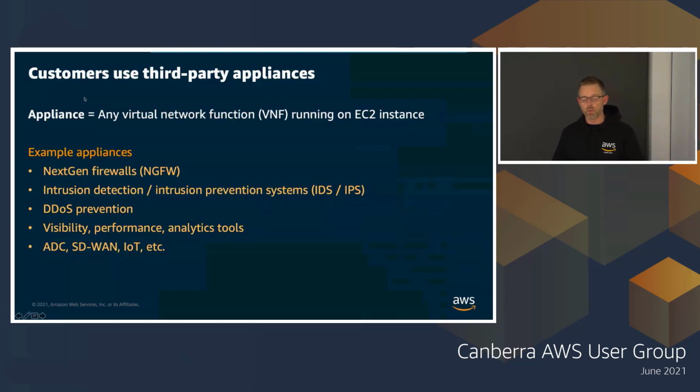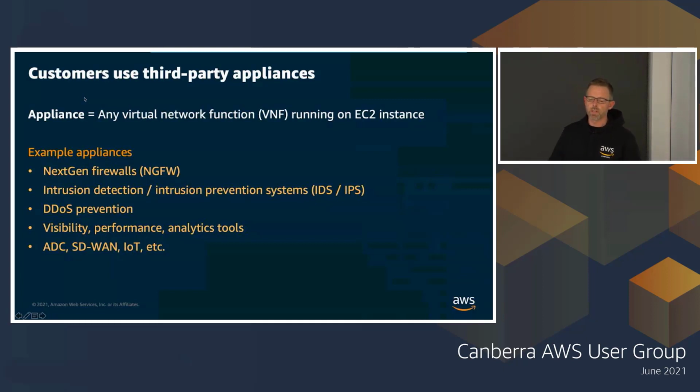We also see some DDoS prevention tools, WAFs, as well as visibility tools, so network monitoring, mirroring, that type of thing. And then we've also had customers talk about using things like telecom appliances, IoT appliances, and more now, SD-WAN.